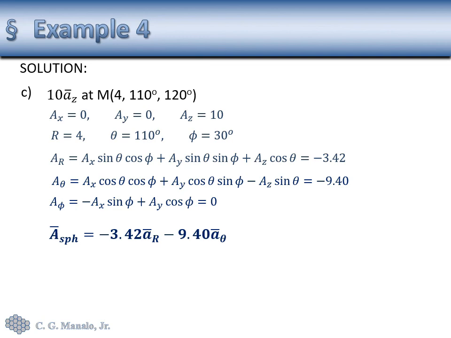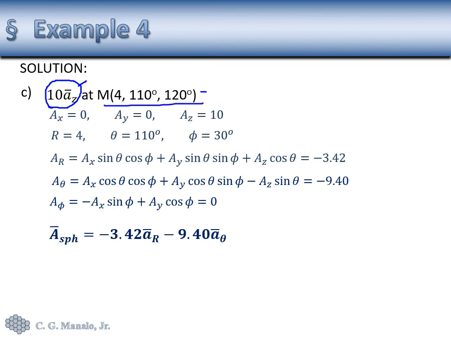So for letter C, the vector is given as 10az. So maybe this is in the form of Cartesian coordinates or cylindrical coordinates, since the two have the same components along the z-axis. And we are going to transform this into spherical coordinate systems at this point here.